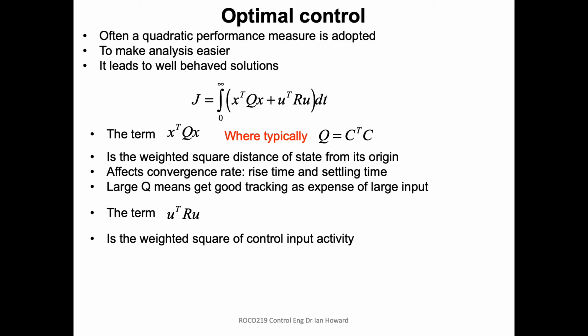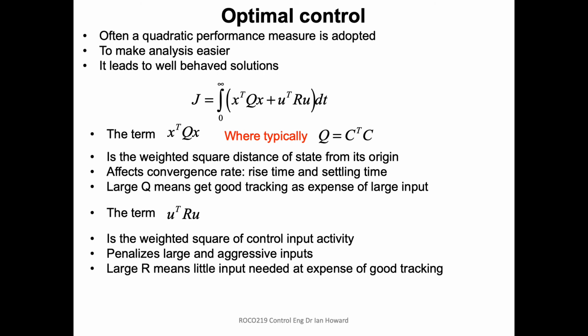In terms of the car, the first x transpose Qx will penalise you for not being at the destination, whereas the u transpose Ru will penalise you for using a lot of fuel or a lot of control on the car. So it's the weighted square control activity. It penalises you using aggressive control inputs, right? So this would penalise you pushing the accelerator and using petrol or whatever.